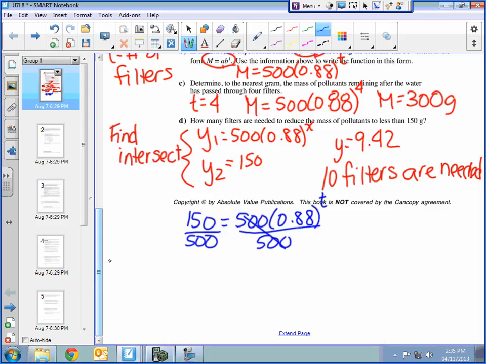You can just leave it as a fraction. 15 divided by 50. So 1/3? Is that right? It's not 1/3. It's like 3/10.